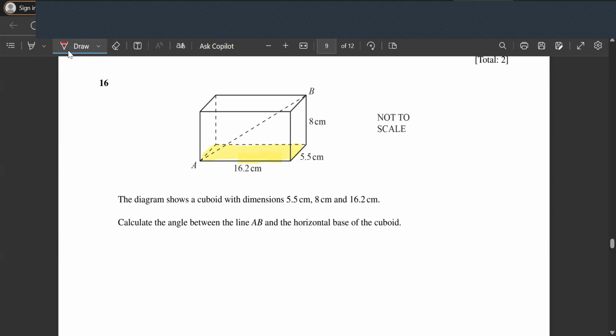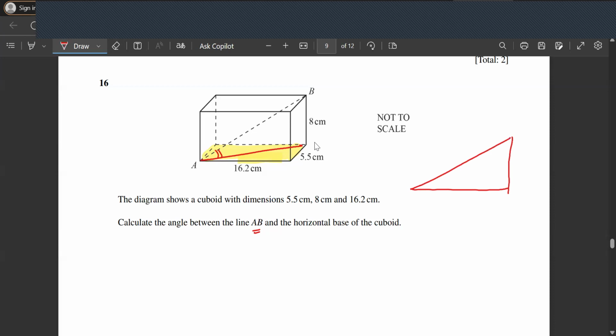I have two diagonals. The diagonal connecting the required line, AB. So I will draw this diagonal like this. Which angle? This angle. Go direct while imagining this angle and draw it outside like this.